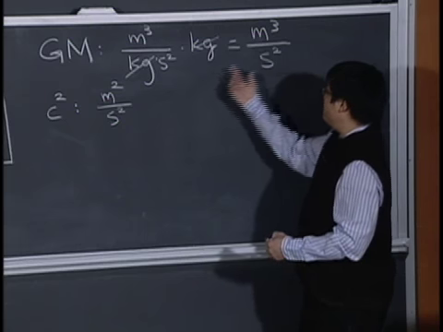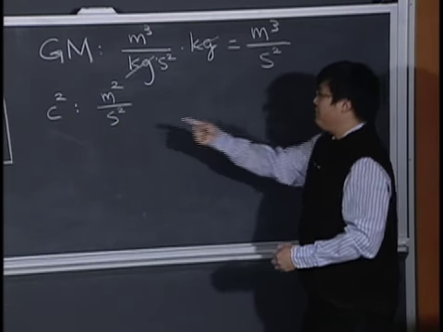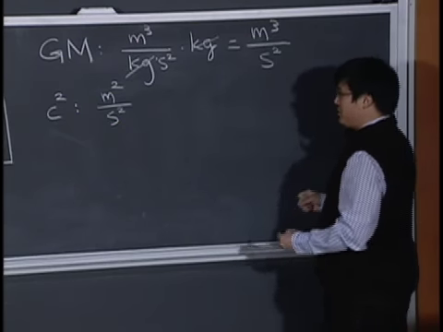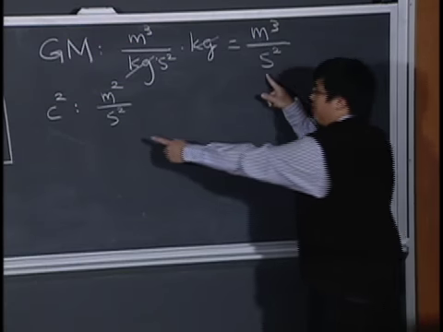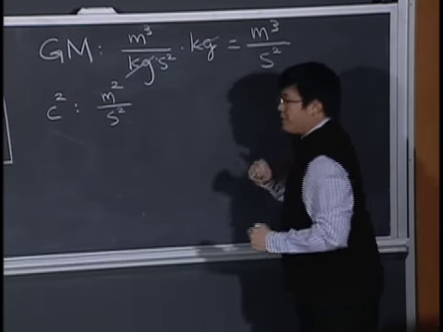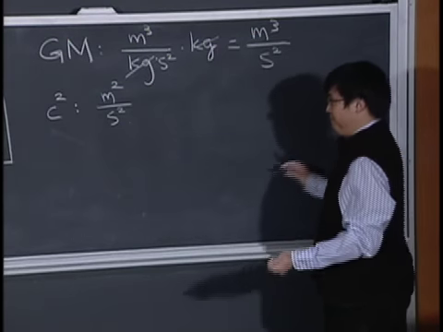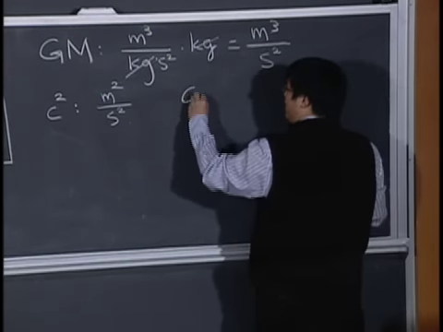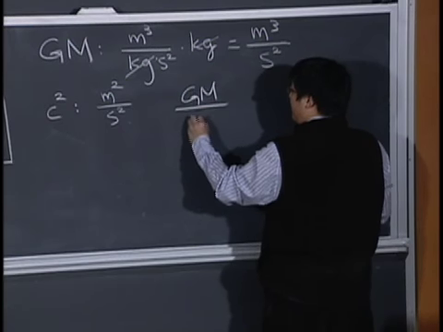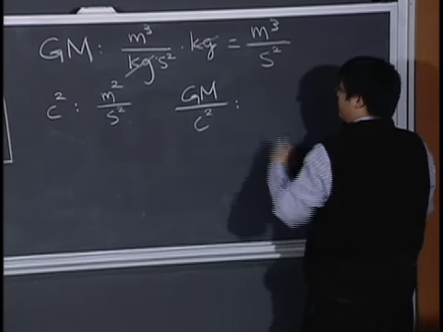So now we have two expressions that both have second squared as part of their units. We have Gm, which is meters cubed per second squared, and we have c squared, which is meters squared per second squared. Since both of them have second squared in the denominator, we can't multiply them together to get rid of second squared. We have to divide them. So let's take Gm divided by the speed of light squared.